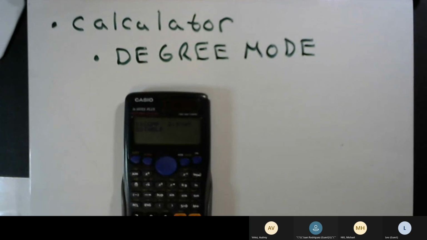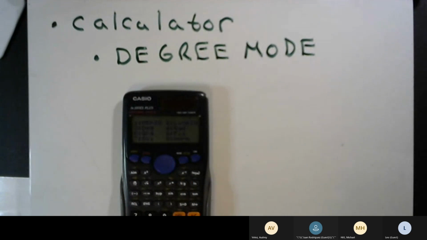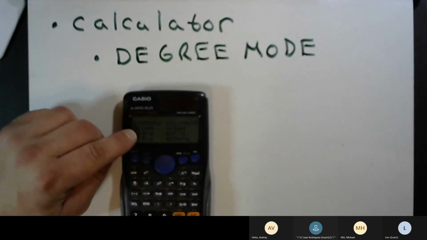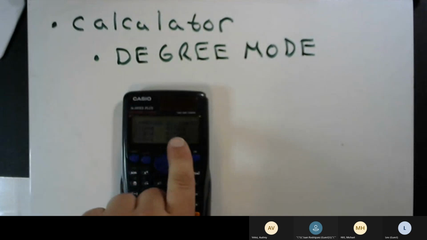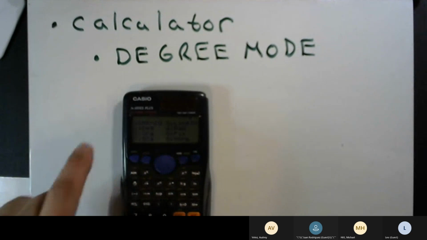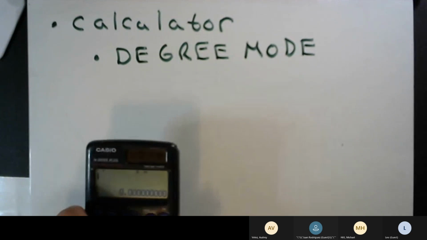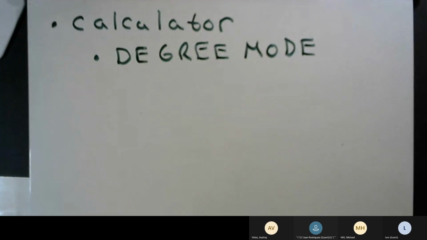Let's see if I can find it on mine. Let's see, is it setup? If I go to setup and hit 3, that gives me degree. The alternative is radians. I want to be in degrees, so I'm going to hit 3. This means my trig functions, or my trig ratios, are going to take the numbers as degrees. I'll show you what I mean.